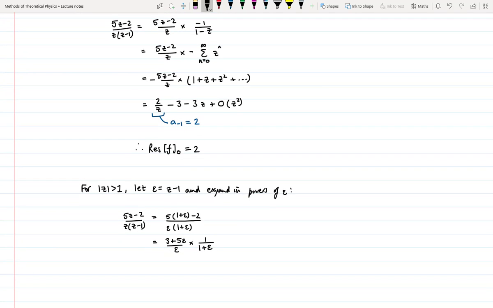Just as above, this is yet another geometric series. We can write the first bit as 3 over epsilon plus 5. And now let's take out the first few terms of this infinite geometric series as 1 minus epsilon plus epsilon squared, and so on.